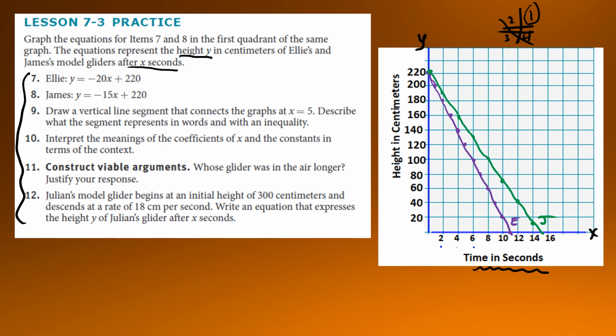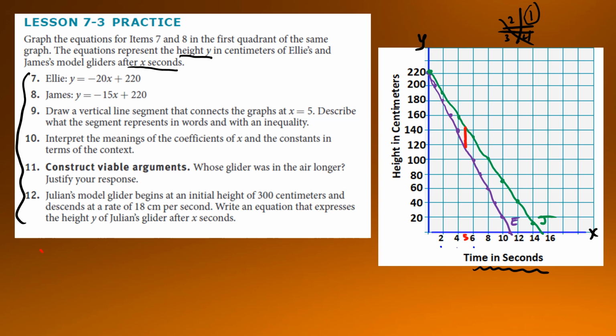Okay, and then it says draw a vertical line segment that connects the graphs at x equals 5. So x equals 5 on mine is in between here, because 5 would be right in here. Describe what the segment represents in words and with an inequality.